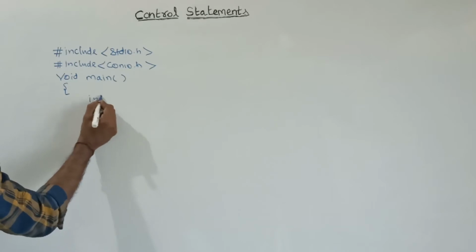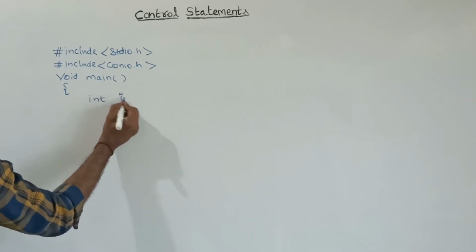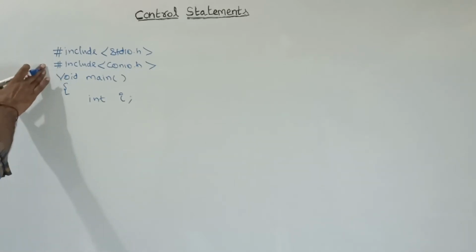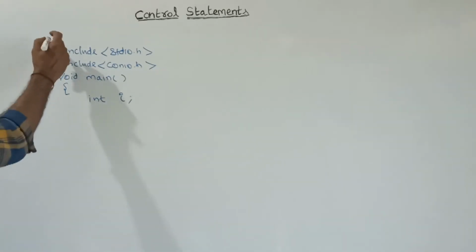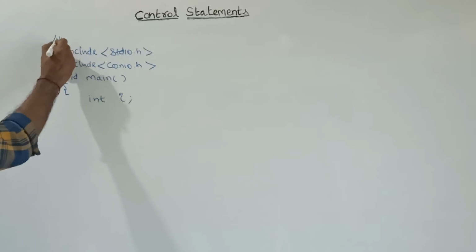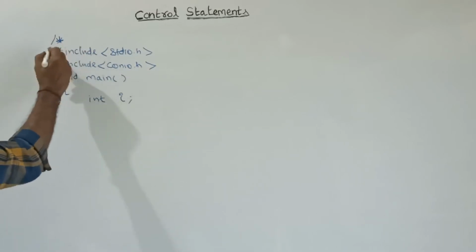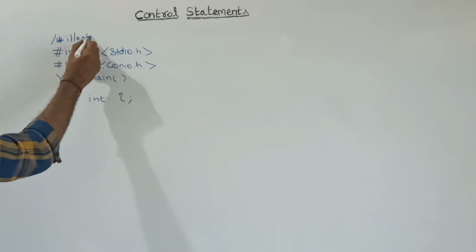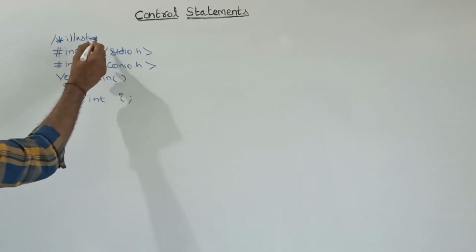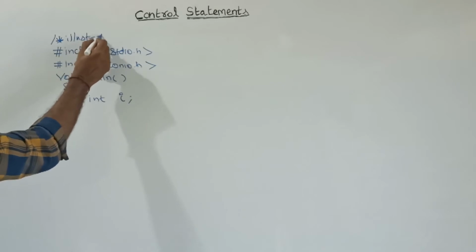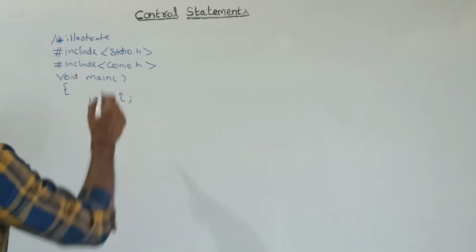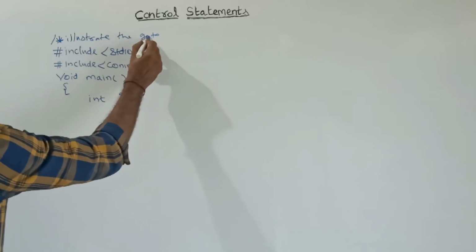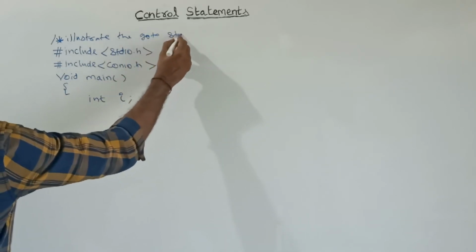Here I am declaring a variable, that is I. In this part I have declared the header file, after that void main, and before that the comment line: this program is used to illustrate the goto statement.